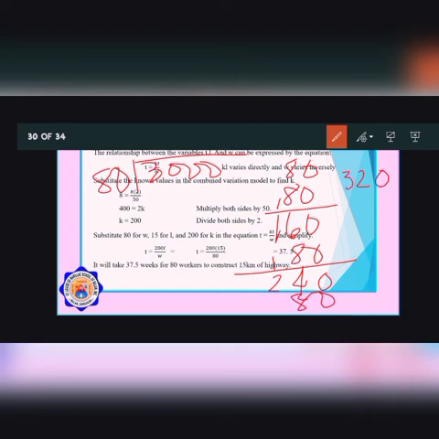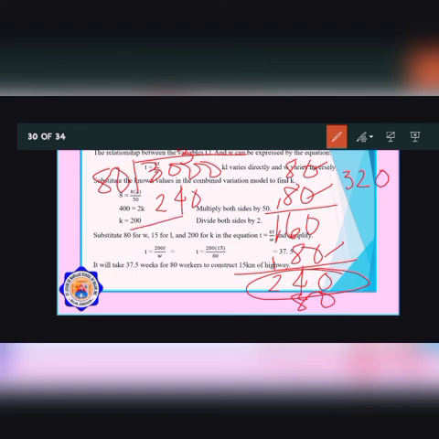So, since hanggang 300 pa lang ang kinukuha natin, so hanggang 240 lang tayo. Kasi pag mag-plus pa tayo ng 80, sobra na siya sa 300. So, 1, 2, 3. Dapat yung tama lang. Huwag yung sobra. So, 3 times 80 is equal to 240.